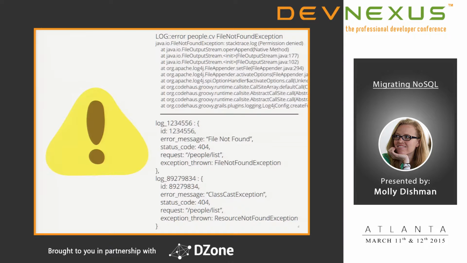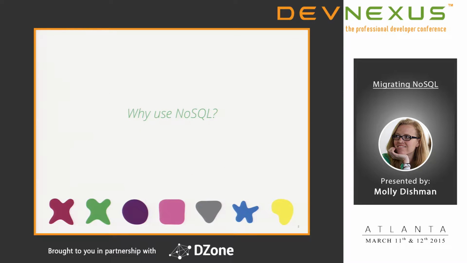And one of the arguments for document databases is that they're very good at logging. Your data could be done in a document data store, and that could be a very good use for that because logs can be very disparate in what data you're logging, but they can all be JSON objects.